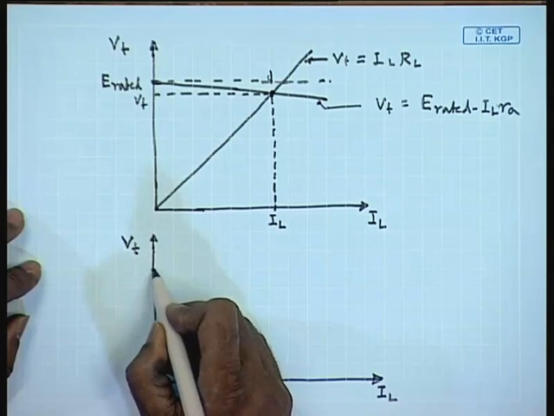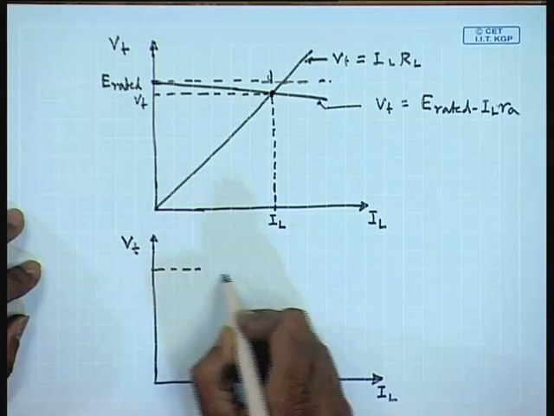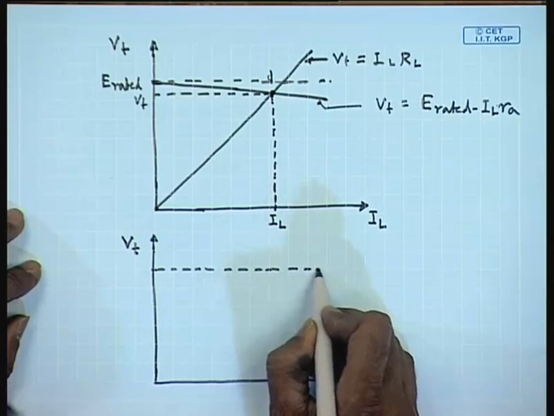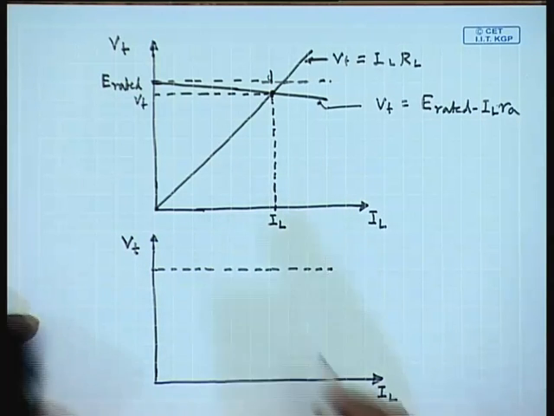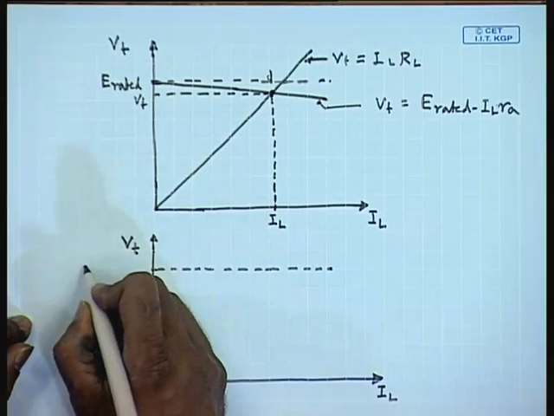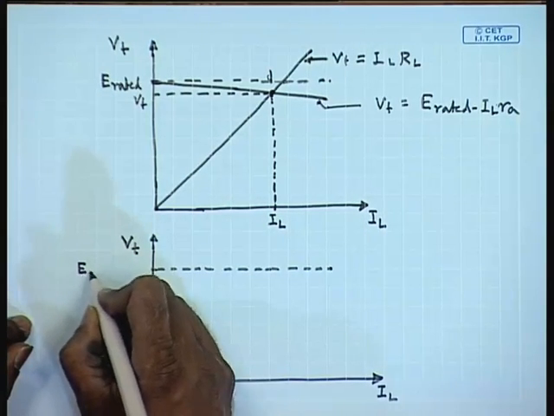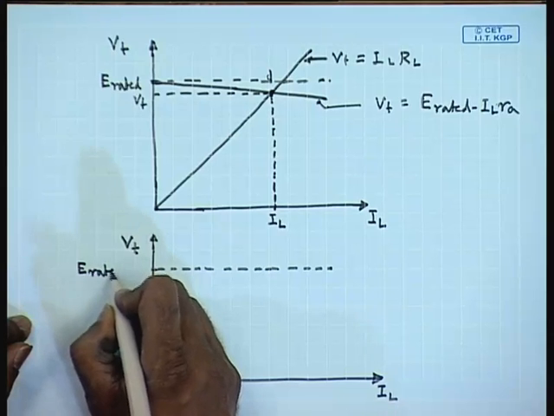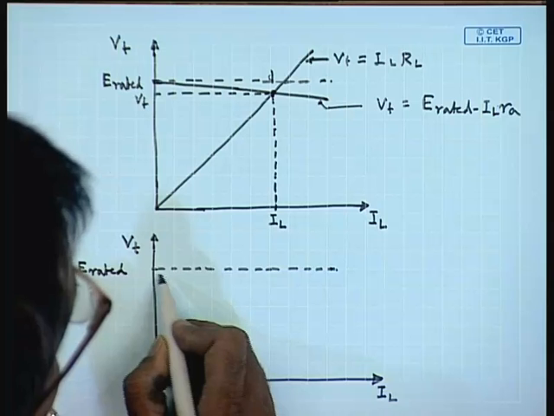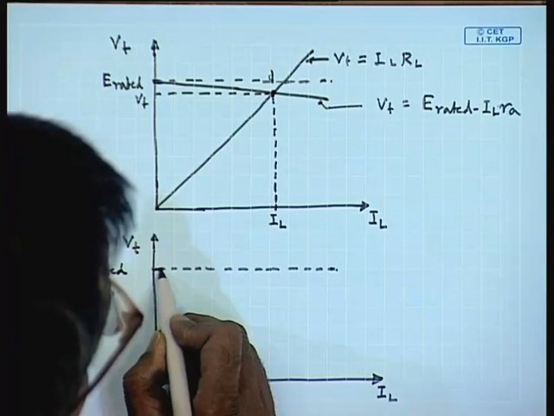So, without armature reaction, with a constant field flux, the induced voltage would have remained constant at a value of E rated, but due to armature reaction there will be some drop.